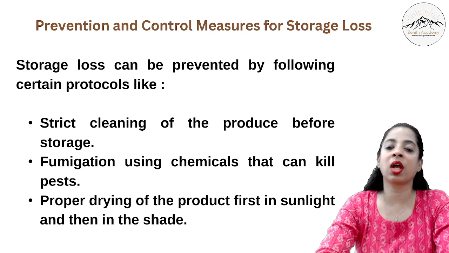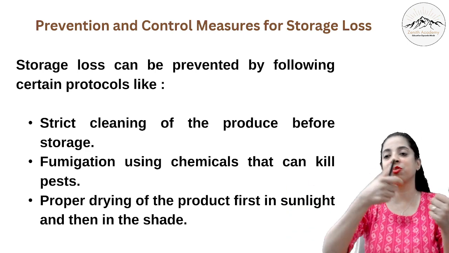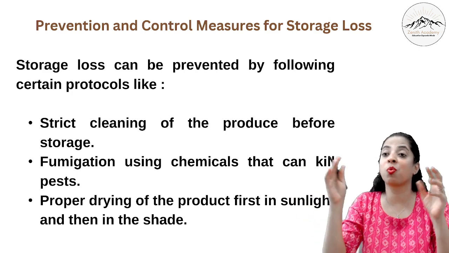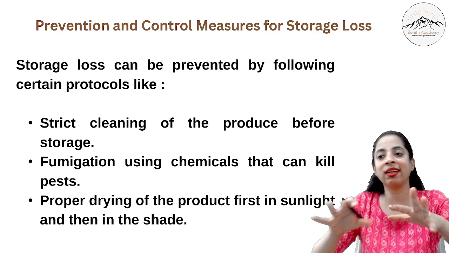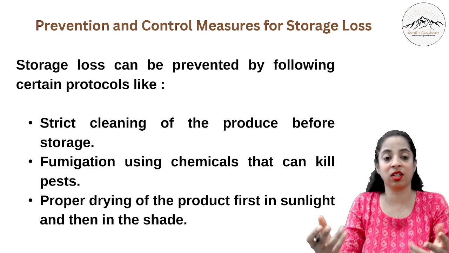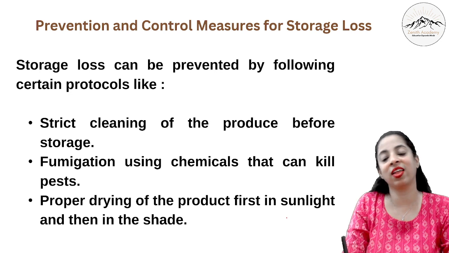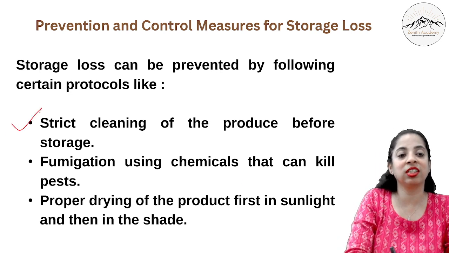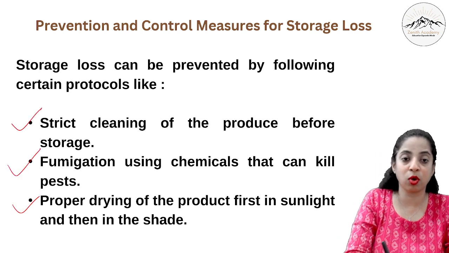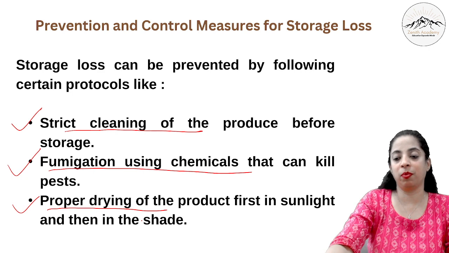Then proper drying of the products first in the sunlight. So when you are harvesting it, sometimes due to irrigation, due to sprinkling, there is moisture. And once you pack it with the same moisture, there will be loss. There will be fungus growing on it. So proper drying of the product first in sunlight and then in the shade. So these are the three protocols that we can follow: strict cleaning, fumigation using chemicals and proper drying of the product.